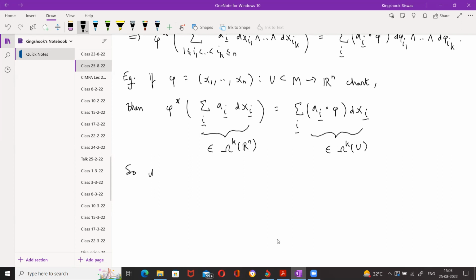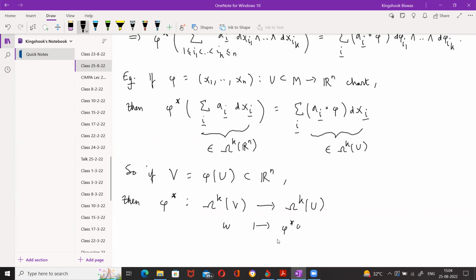Yeah. So if V is equal to phi of U, the image in Rn, then if I look at the pullback, phi upper star, this gives me a linear map from K forms on V to K forms on U. Omega goes to phi upper star omega, right? This is an isomorphism.